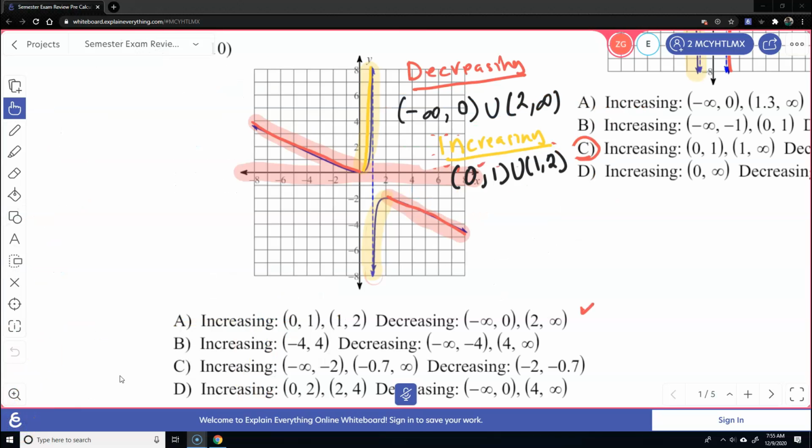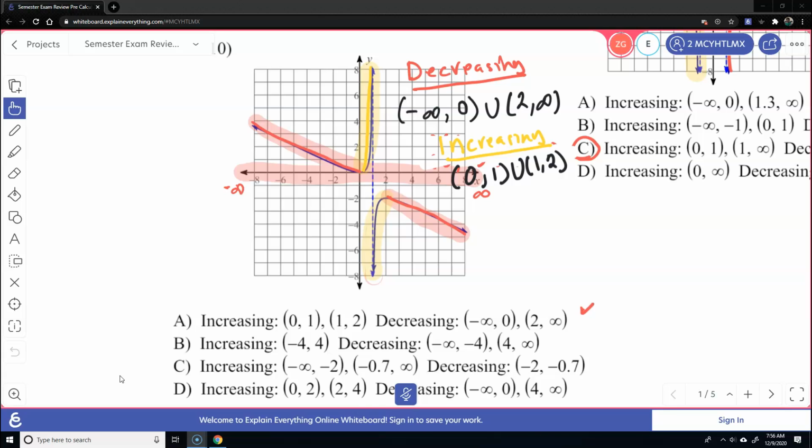So for number 10, we're talking about increasing and decreasing intervals. When we're talking about increasing and decreasing intervals, we're talking about the x values. We start at negative infinity and work towards positive infinity. You notice that the red indicates a decreasing.